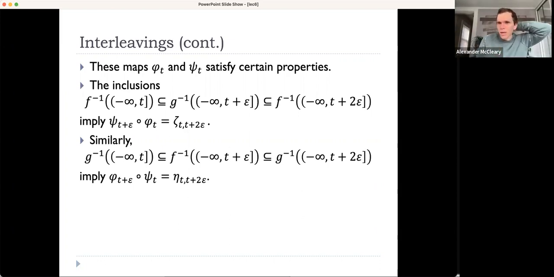This one tells us that if we start at W_t, and then we get a map from W_t to V_{t plus epsilon}, and then a map from V_{t plus epsilon} to W_{t plus 2 epsilon}, that needs to be the same as just going straight from W_t to W_{t plus 2 epsilon}.